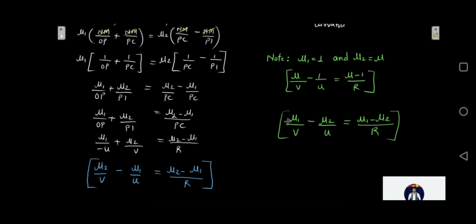This is the first case, this is the second case, when the object is placed in a denser medium and the image is generated in a rarer medium. The only thing that happens is mu1 and mu2 will get interchanged. So it will become mu1 upon V minus mu2 upon U is equal to mu1 minus mu2 upon R. This is going to be the case.